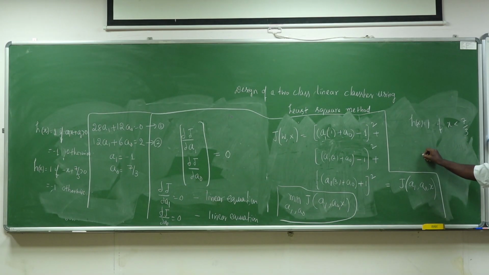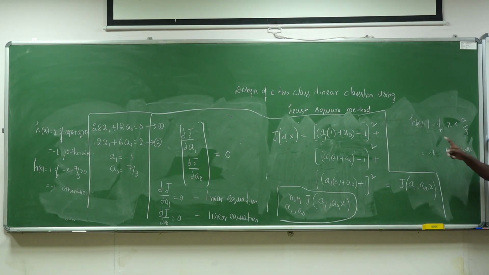Is that correct? And equal to minus 1 otherwise. Now by using the least square method, we have got the classifier like this.